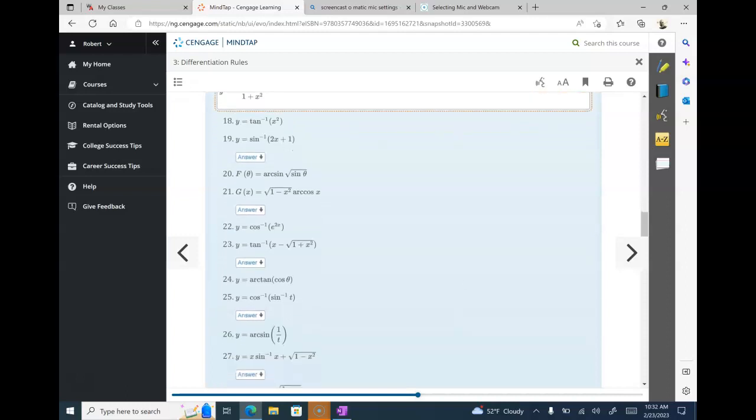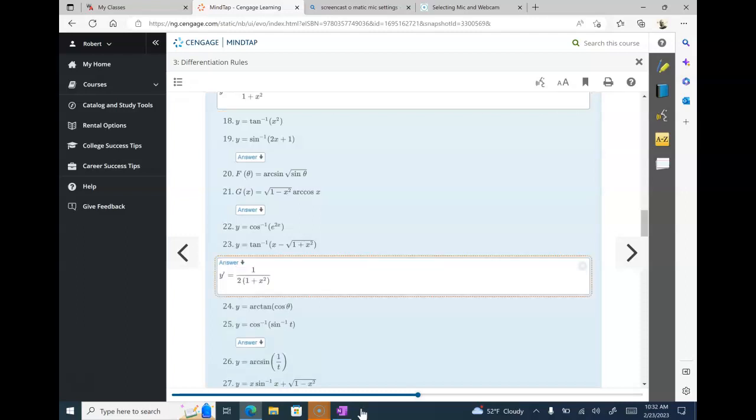Let's do 23. This one's quite hideous, so I have to take a picture so I don't forget it. Might as well take a picture of the answer too.